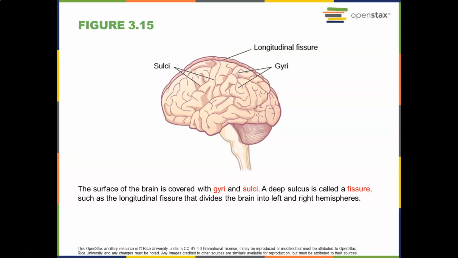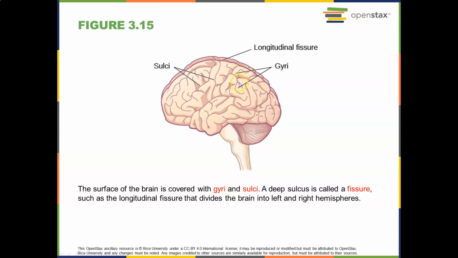Okay, so there are some parts of the brain, and a couple of things here that I put in red. This term is called gyri, and that means more than one gyrus. The gyri are the actual lumpy parts of the brain.